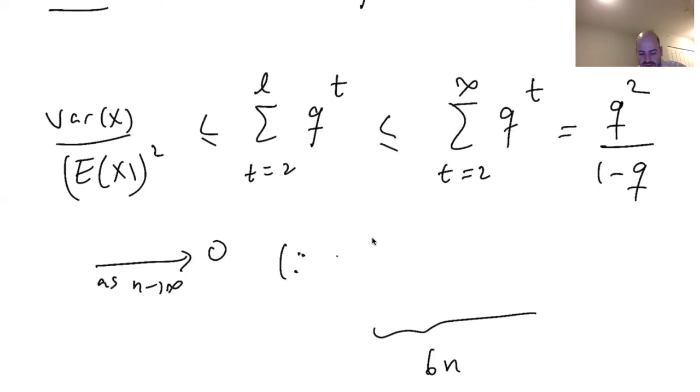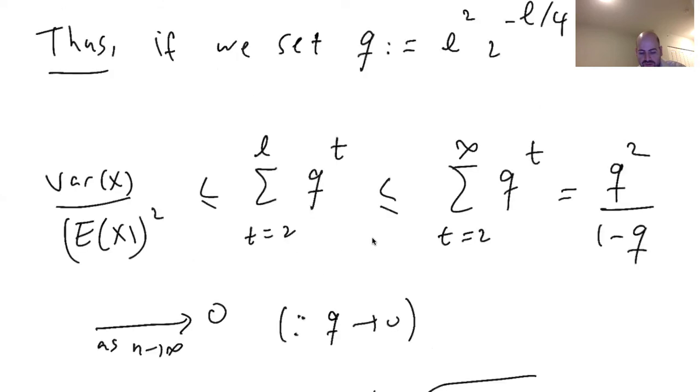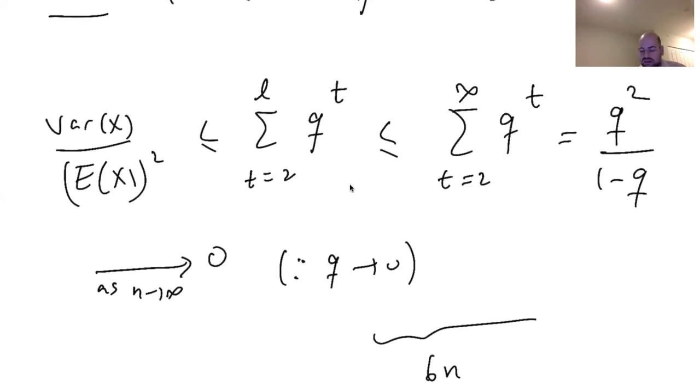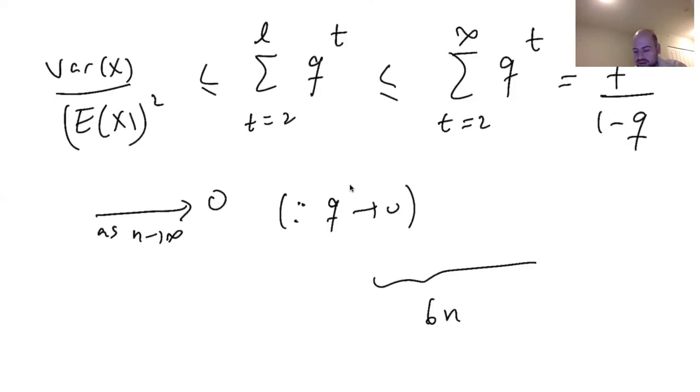Because as n goes to infinity, q goes to 0, right? q is this guy, which goes to 0 as n goes to infinity, which also means L goes to infinity. And therefore, this upper bound goes to 0. So we are done with case 1.